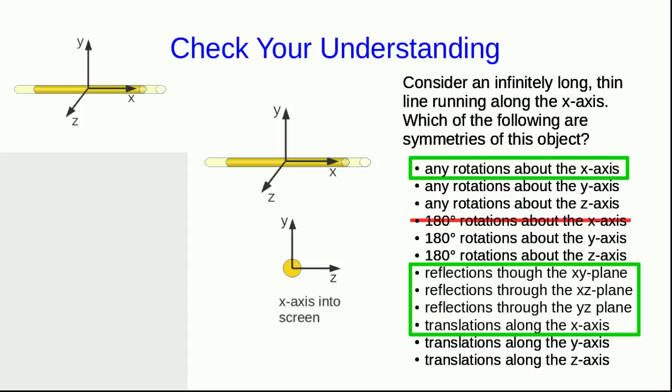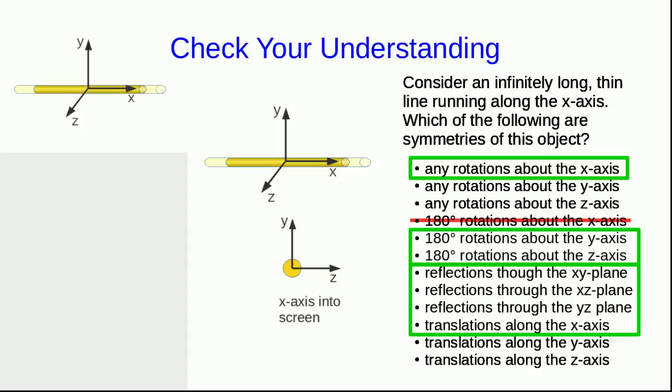And hopefully you can see that if you reflect it through any plane perpendicular to the rod, or any plane that passes through the middle of the rod, then the rod will be unchanged. And you can also translate it along the x-axis. It's actually just like the example of translational symmetry that I gave when I was introducing the idea.